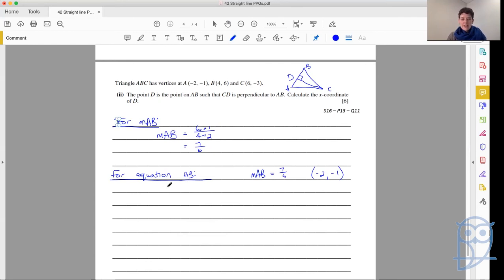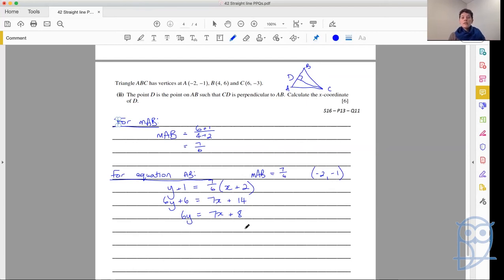So we would then have y plus 1 equals m, x plus 2, because it would be x minus -2. Clearing that fraction, 6y plus 6 equals 7x plus 14, which gives us 6y equals 7x plus 8. Now we've got the equation AB.